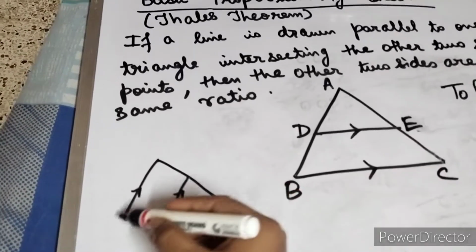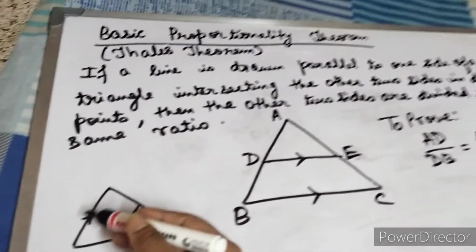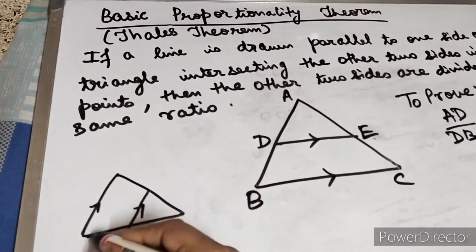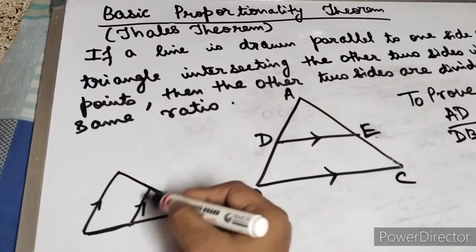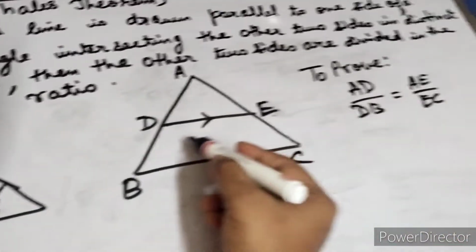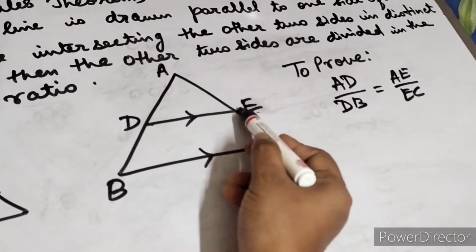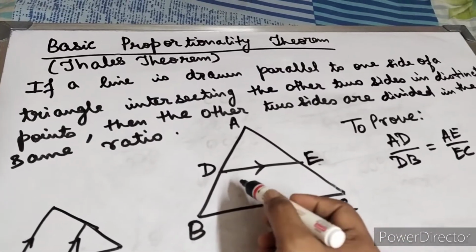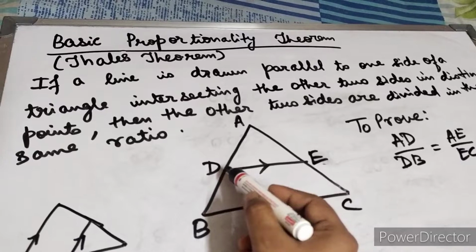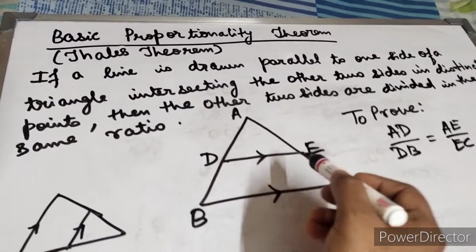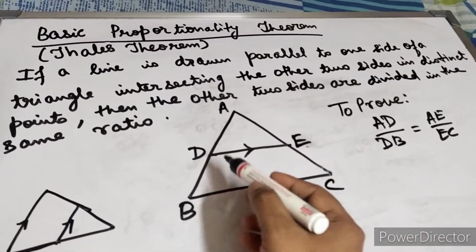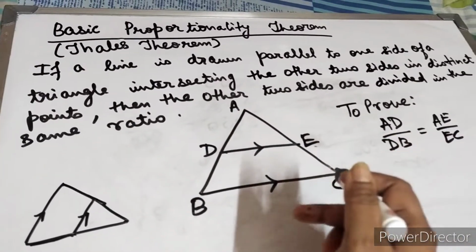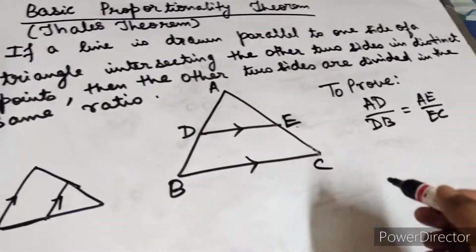If a line is drawn parallel to one side of a triangle, intersecting the other two sides, it is intersecting here and here. In this case it is intersecting this point and this point, that is D and E, intersecting the other two sides in distinct points. Then the other two sides, means this side and this side, are divided in the same ratio.